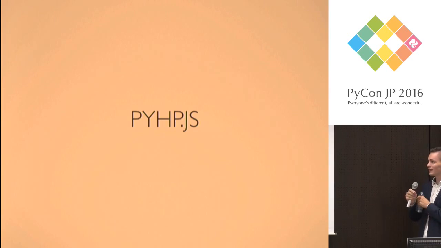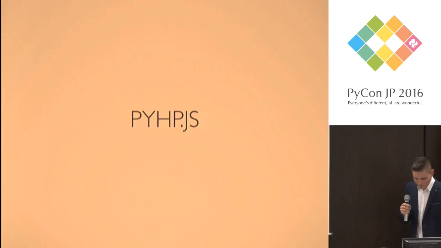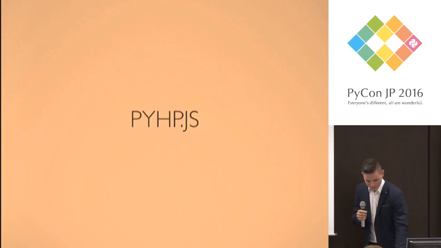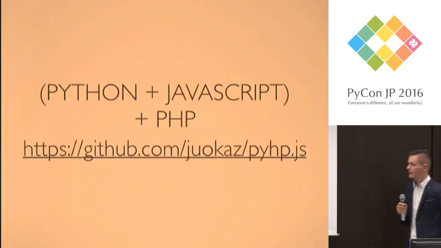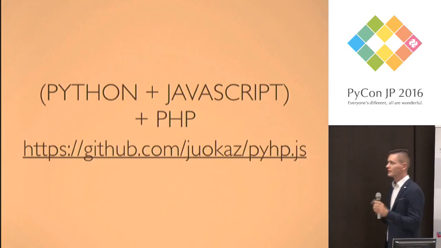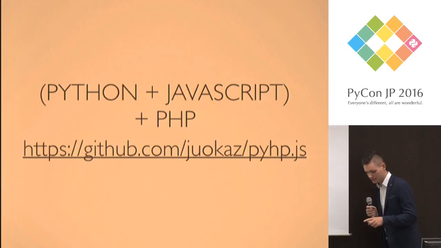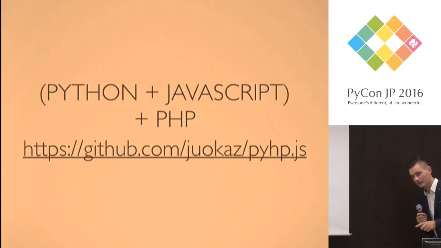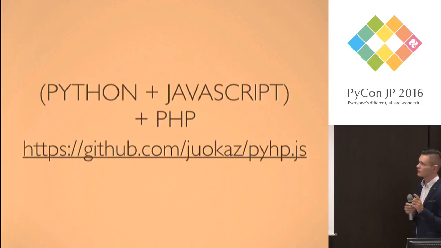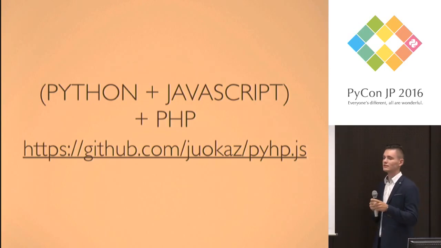Again, not entirely a joke. It's a real thing. And what it does is you can write your interpreter in Python, which then is actual RPython code, which then gets translated to C code.